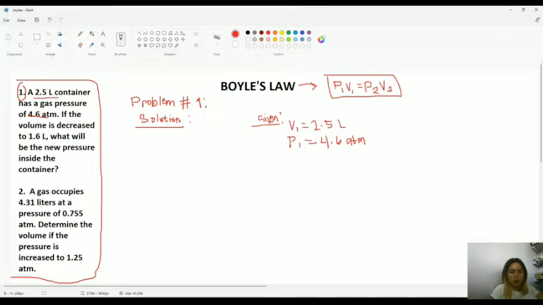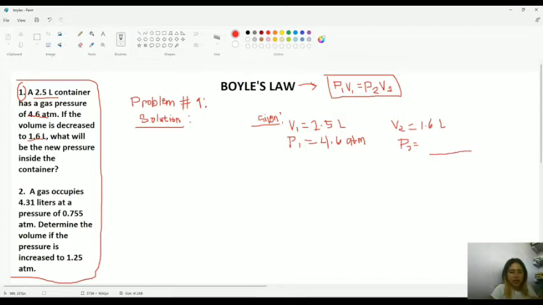So, eto, nag-decrease si volume daw. So, may final volume siya na 1.6 liters, and yung ina-ask sa problem is the final pressure. I-leave as blank natin si final pressure.